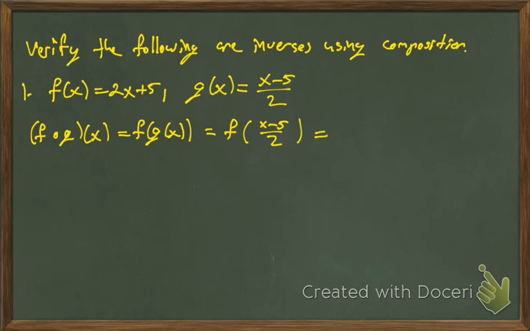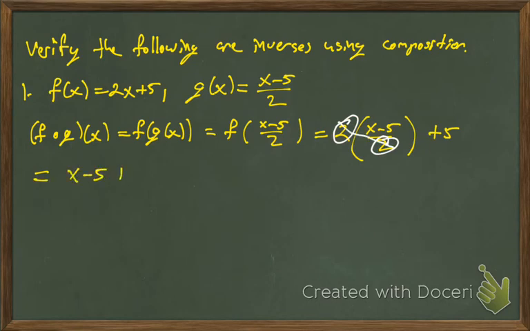Your function f is going to take the input, multiply it by 2, and then add 5. So our input here is (x minus 5) over 2. We have multiplication by 2 and division by 2, so those are going to absorb. And we have x minus 5 and plus 5, which is equal to x.